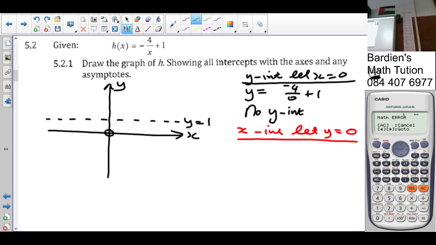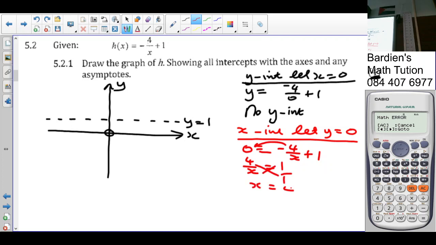So we say 0 equals negative 4 over x plus 1. You get over the equal sign, so 4 over x equals 1. Cross multiply, so x is equal to 4. So this is now enough information to draw my graph. There's the one graph. Here's the other. Any confusion?